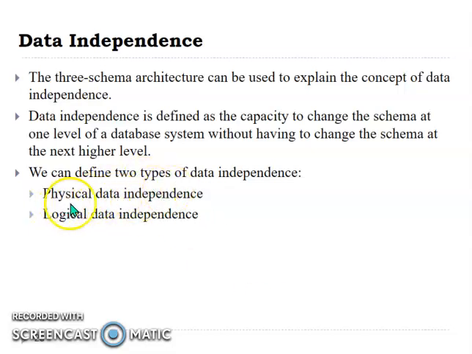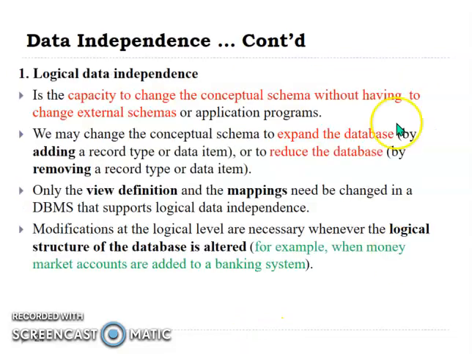In the case of data independence, we have physical data independence and logical data independence. Logical data independence is the capacity to change the conceptual schema without having to change the external schema. Whenever we change the conceptual schema, if there is no change on the external schema or the application, that is what we call logical data independence.